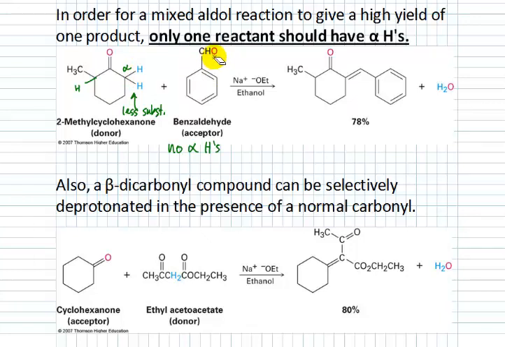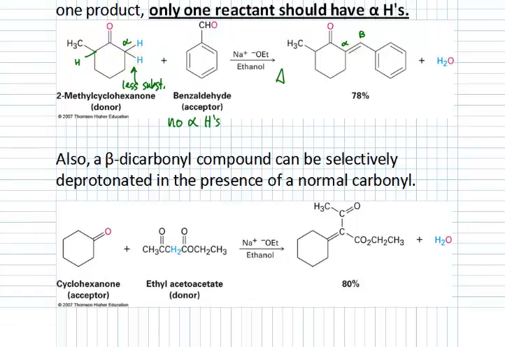It's going to attack the aldehyde preferentially because aldehydes are more reactive to addition than ketones are. So if we do that and we heat it to dehydrate, we can get a good yield, right? 70% of this mixed aldol product, where the alpha beta bond is the new carbon-carbon bond that was formed, alpha and beta to the original nucleophilic carbonyl.